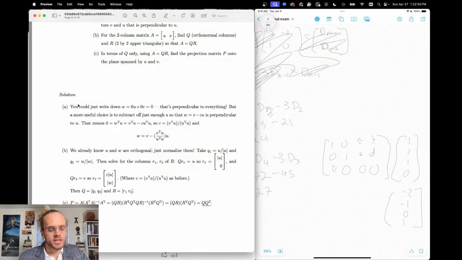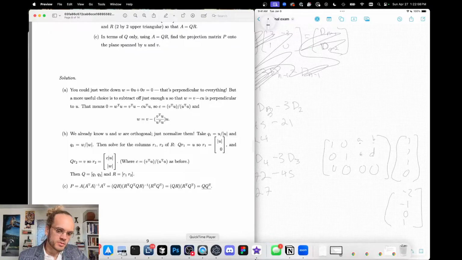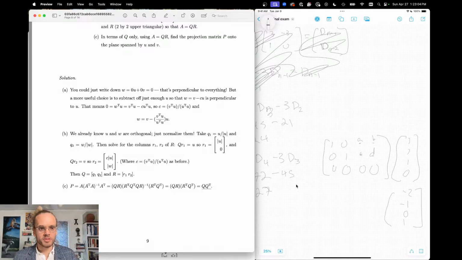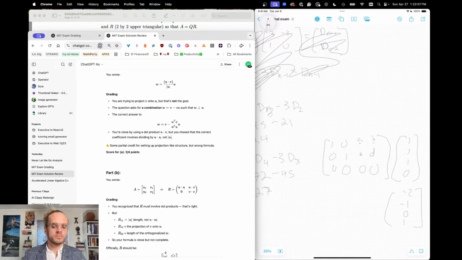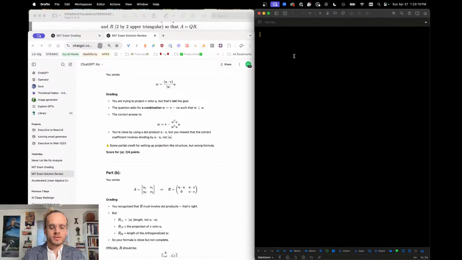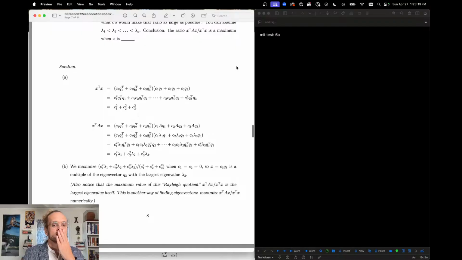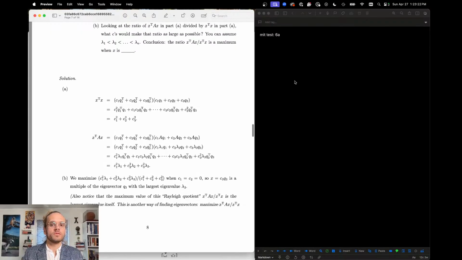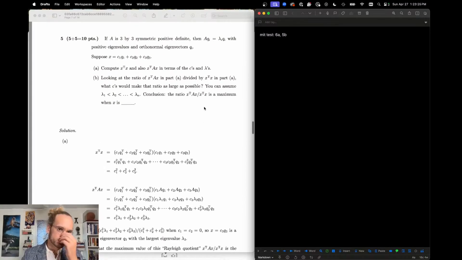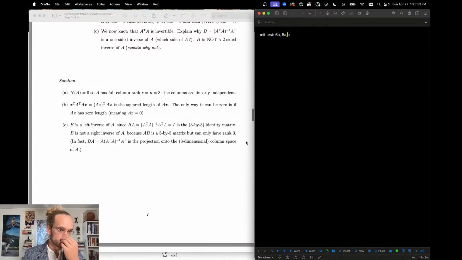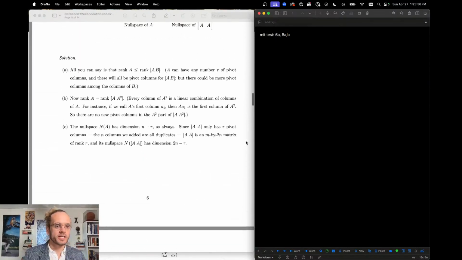Yeah, I need to understand each of those steps. I should jot down which of these I'm totally confused on. So it was 6A. I'm going to actually type these somewhere else. Maybe in drafts here. MIT test 6A. 5B. Which other ones? 5A, comma B, honestly. 4, I actually get it.